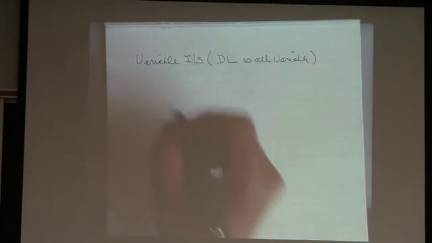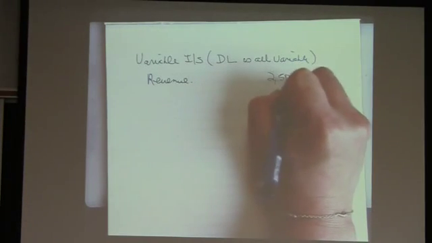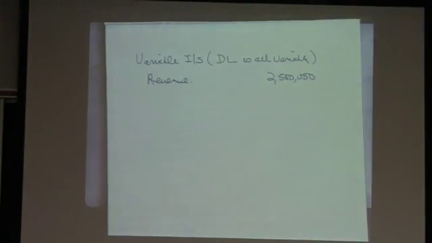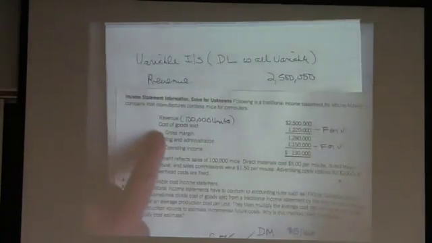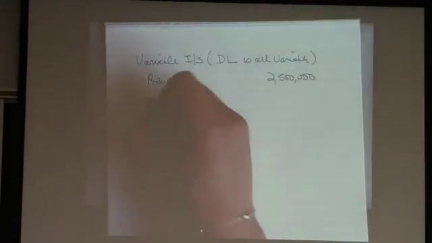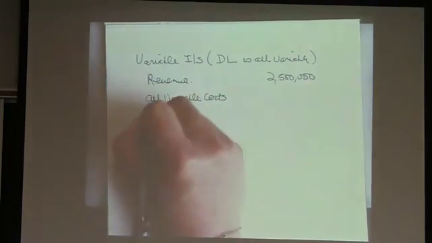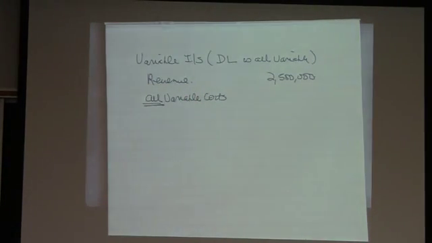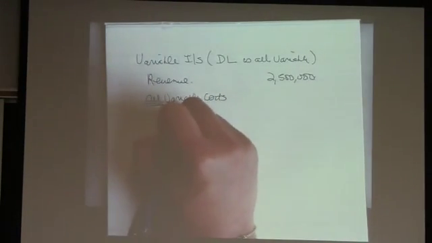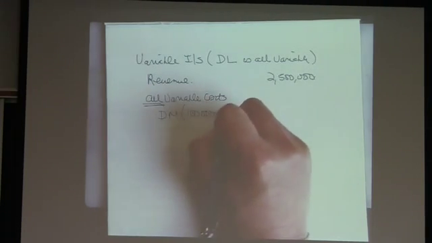Starting with revenue, now, instead of cost of goods sold, what the variable income statement is, we're going to list all variable cost. The word all means it includes not just manufacturing, but it also includes selling and administration. So the first one is direct material. That one we know was 100,000 times $5.